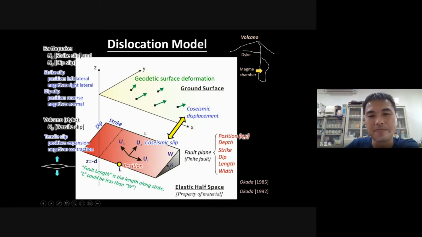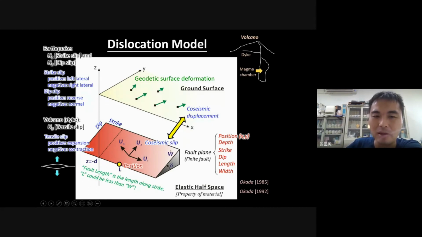Okay, so based on this dislocation theory, based on this dislocation model, after we construct the fault plane, and if we know the surface deformation, which may come from InSAR or GNSS, then we could get the slip on the fault plane.